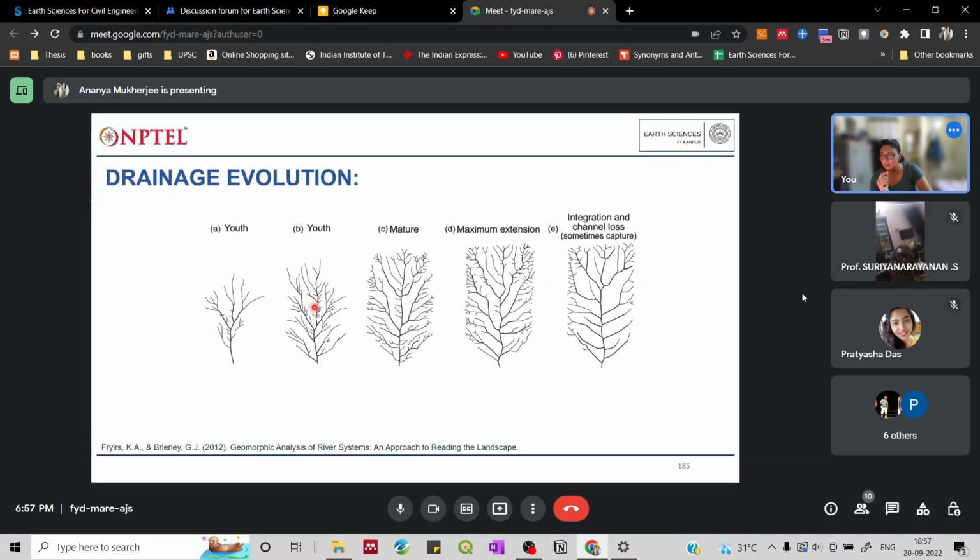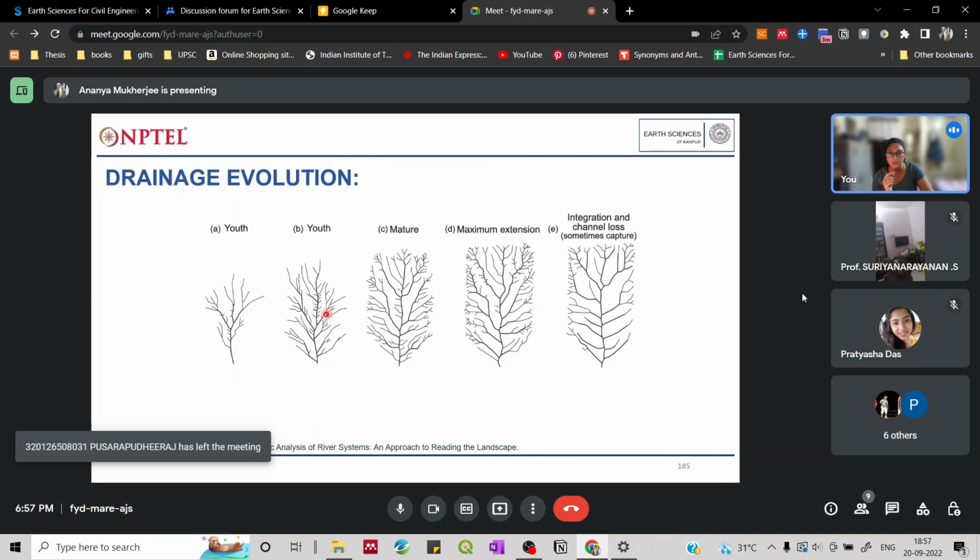The smaller order streams generate from the main channel itself, so there is less amount of branching as such. In mature stage you can see that the branching increases, smaller order streams also increase in number. Then you have maximum extension, and then you have integration and channel loss, sometimes capture.